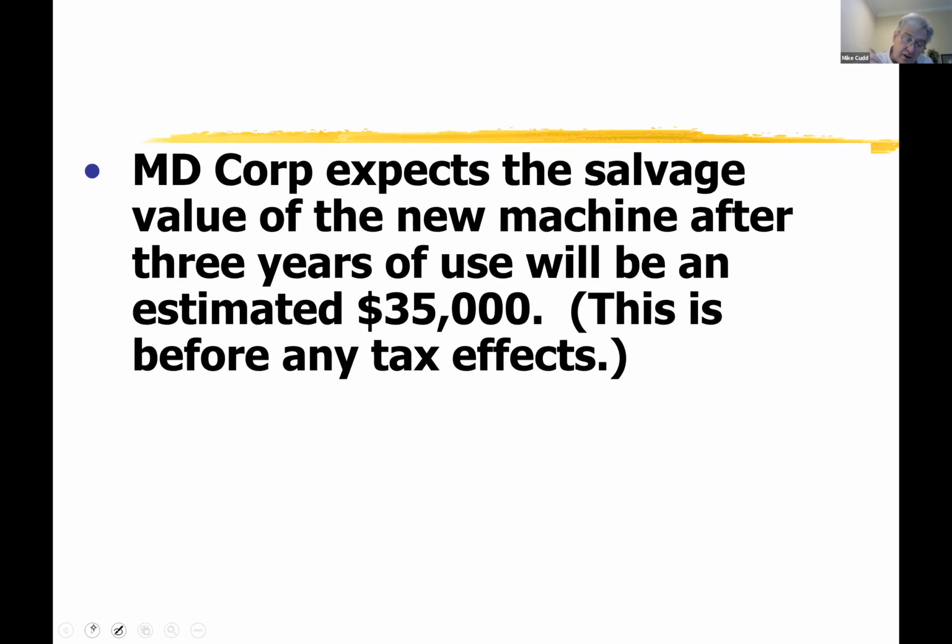We expect to run this project for 3 years, then shut it down, and we believe the equipment at the end of 3 years can be sold for $35,000 before we consider any tax effects.